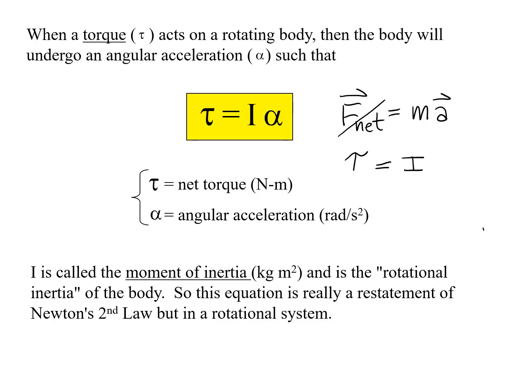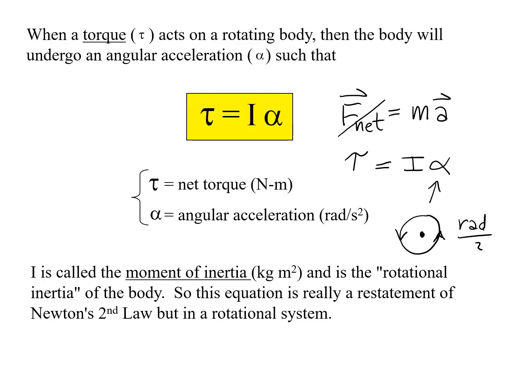Instead of acceleration a, we now have to talk about angular acceleration, because when something is rotating, it's no longer moving in a translational direction measured in meters per second squared. Rather, because it's turning, we describe it in radians per second squared.